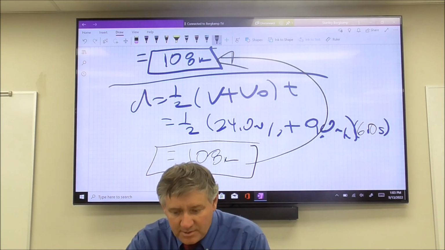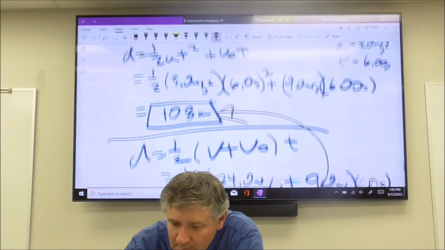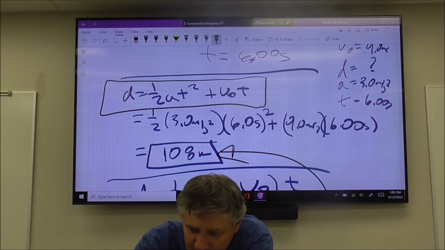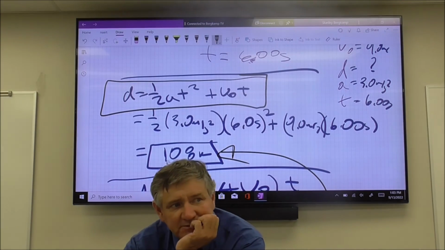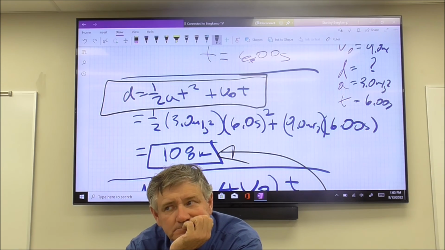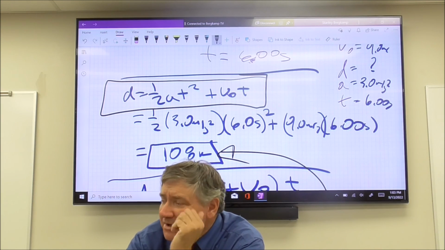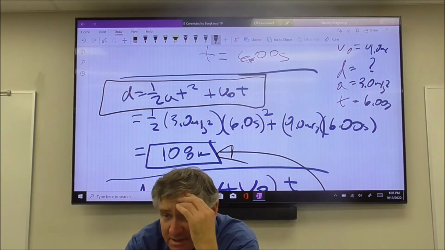Now, here's the $1 million question. Can I use this equation even if I have constant velocity? Well, yeah. If I have constant velocity, what's my acceleration?